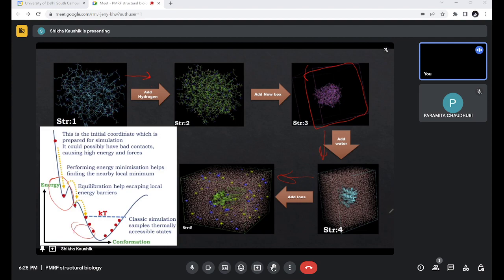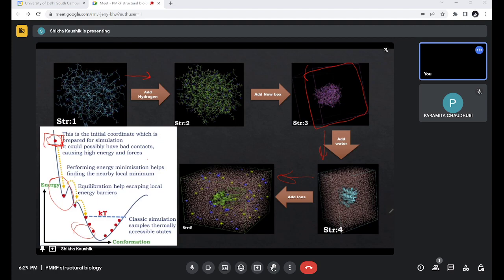So this is the initial coordinate, which is prepared for simulation. It could possibly have bad contacts, causing higher energy and forces. Now we have to perform energy minimization, and through it we try to take the system to a lower energy level.